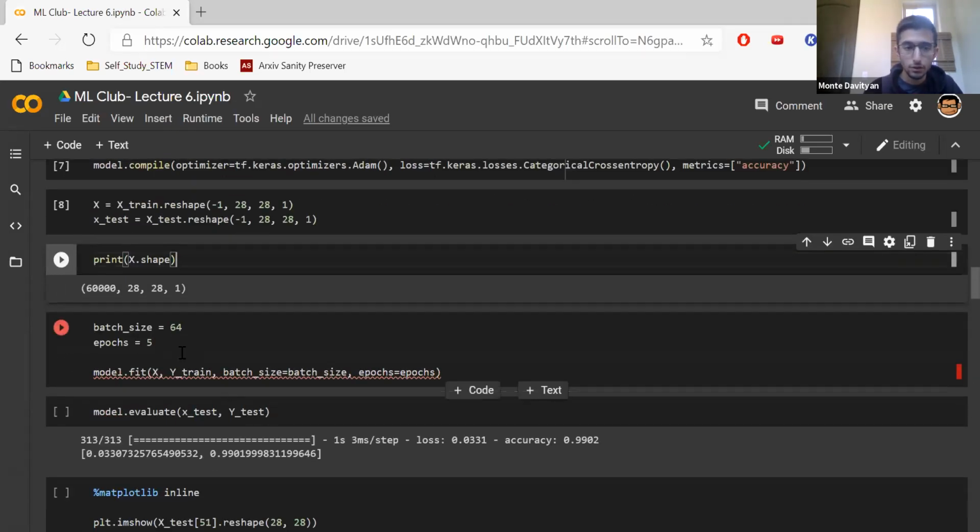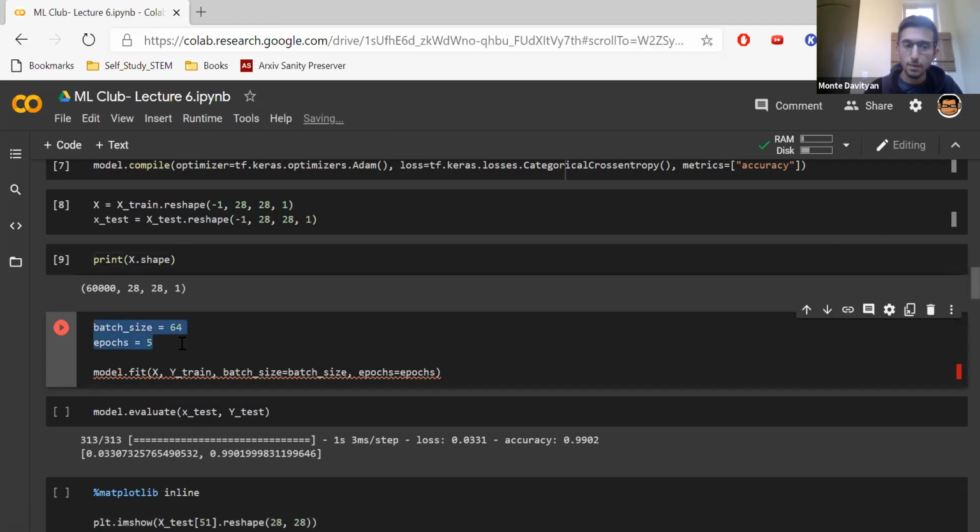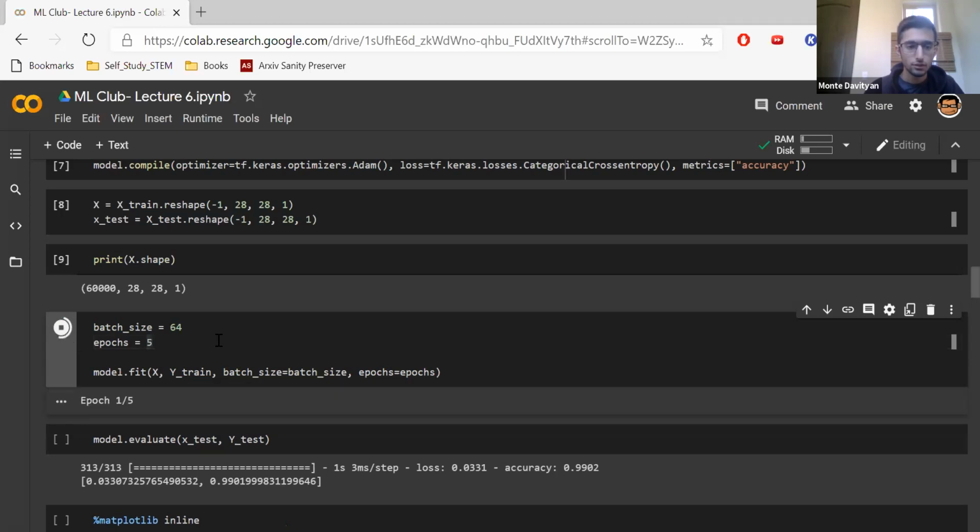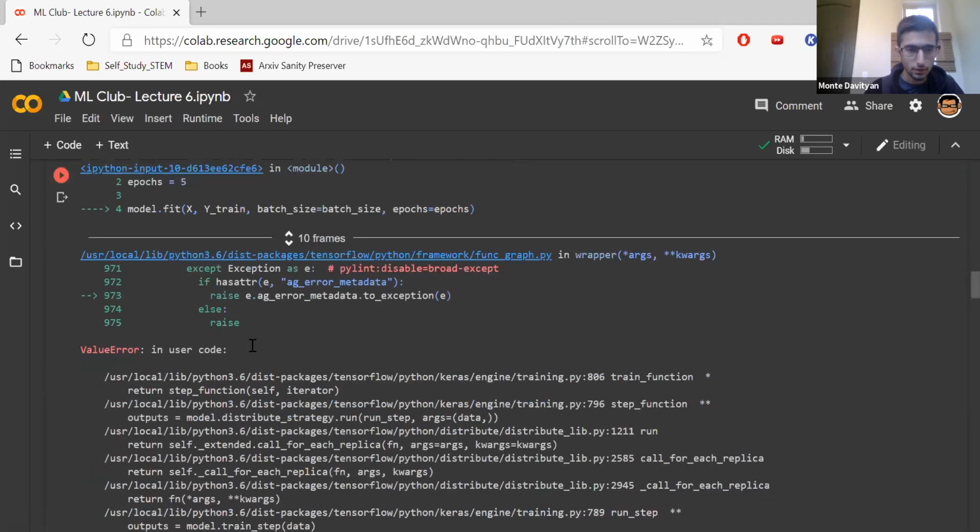Finally, we get to the fun part where we fit the data. We actually train the data. Just like in the previous steps, we have a batch size and we have the number of epochs. Sort of arbitrary, it comes through experimentation, but I'm just setting it to 64 and to 5. And so I get an error.